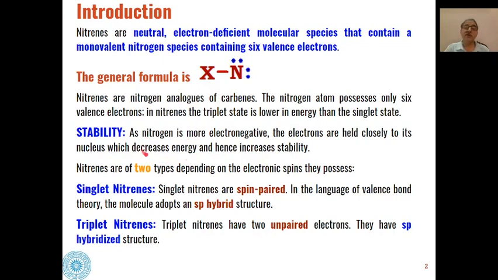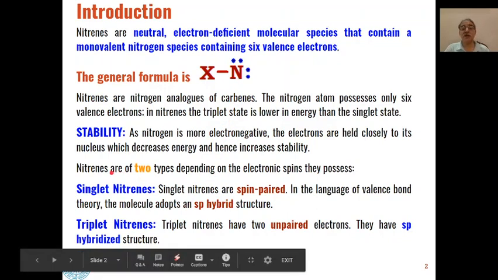And we know that if the energy of the system is decreased, then stability will increase. So, in comparison to those intermediates where there is no electronegativity difference, the stability is more because of the electronegative nature of this nitrogen atom.